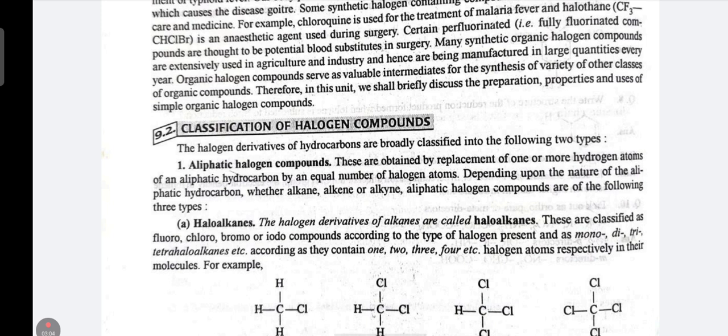Haloalkane. The halogen derivatives of alkanes are called haloalkanes. These are classified as fluoro, chloro, bromo, iodo compounds according to the type of halogen present, and as mono, di, tri, tetra haloalkanes according as they have 1, 2, 3, 4 halogens respectively in their molecule.